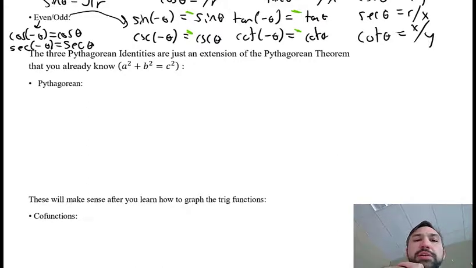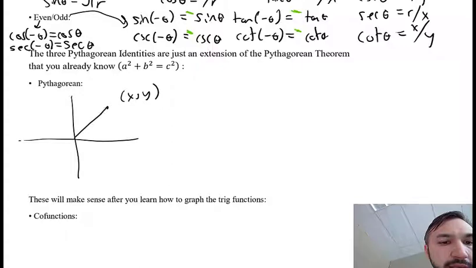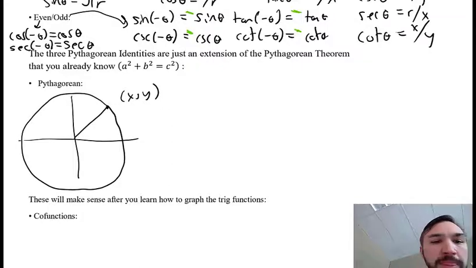Very, very important one is the Pythagorean identities, and it's really just an extension of the Pythagorean theorem that you're already aware of. So imagine if I took a point x, y, and I made this my circle, kind of like we do with the unit circle, and I draw this down to get a right triangle.